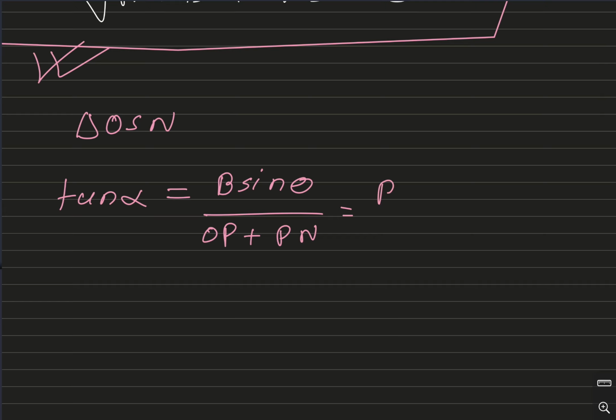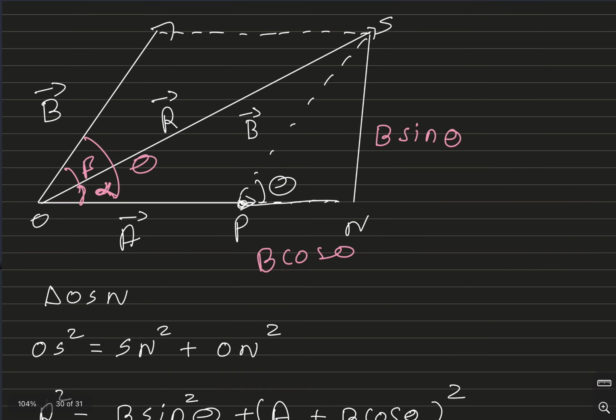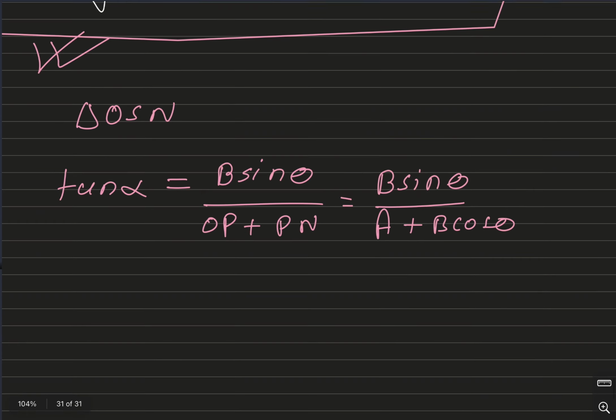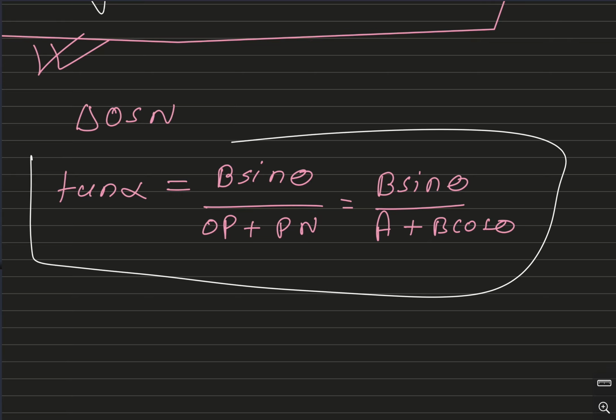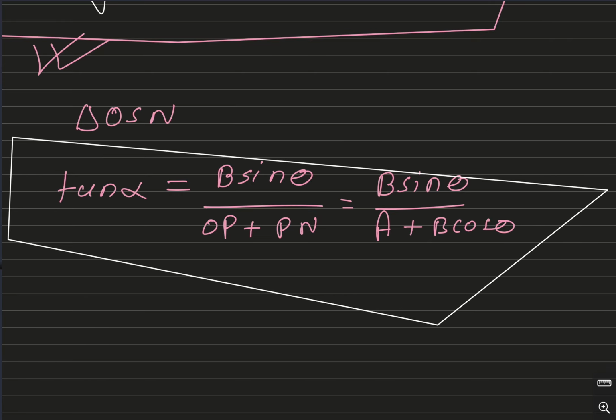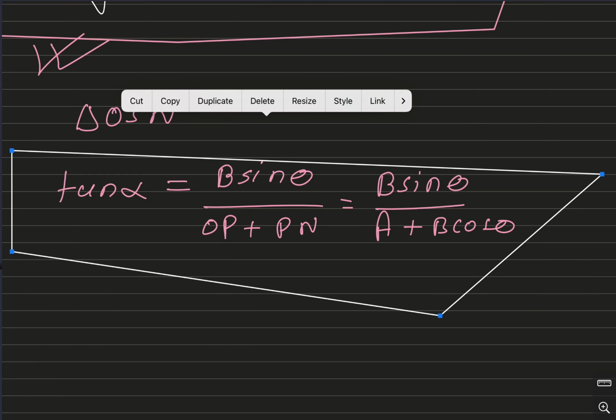So B sine theta divided by OP, meaning A, plus PN, meaning B cos theta. Simply you can see this in the graph. This is how you can find the direction of the resultant vector: tan alpha is equal to B sin theta upon A plus B cos theta.